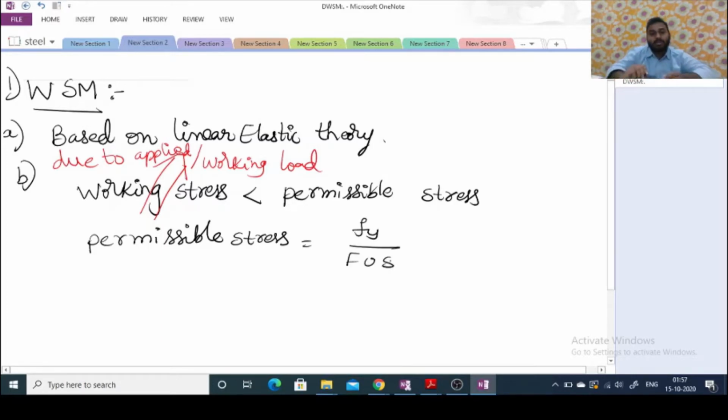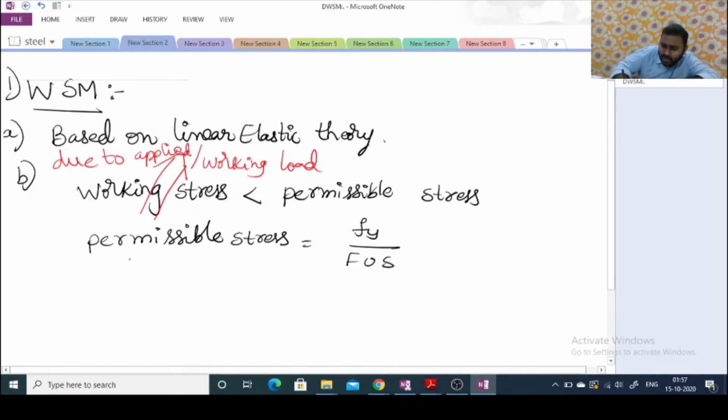FOS is nothing but factor of safety. Related to this factor of safety, we have already discussed it in plastic analysis in our first topic. Hence I'm not going to discuss it in detail, but permissible stress is some fraction of yield stress, and mathematically it is defined as Fy by factor of safety.